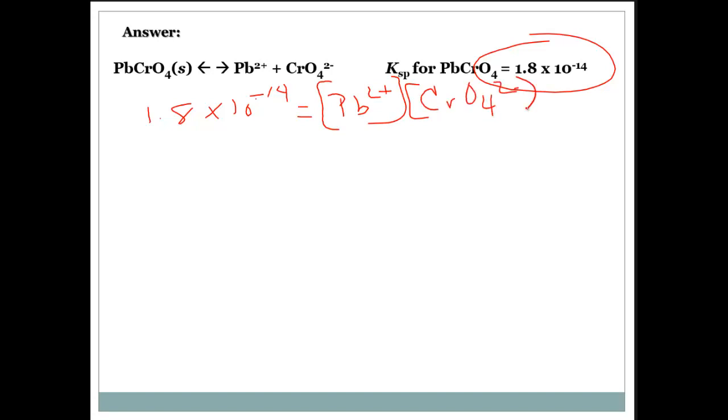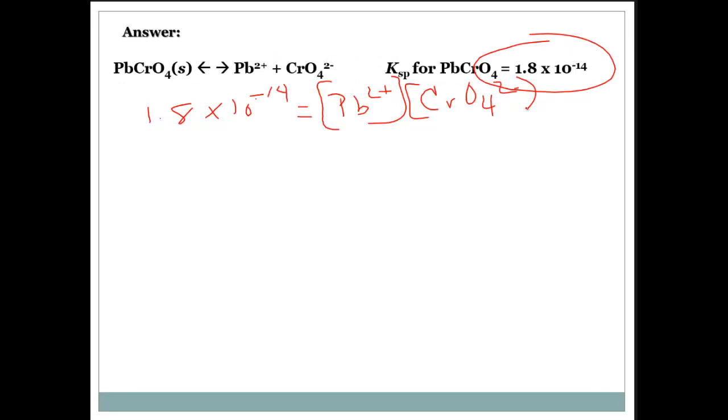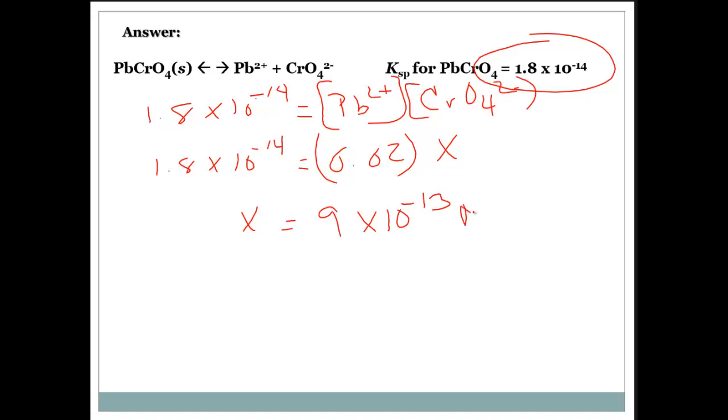According to our question, we have 0.02 molar of the lead. Therefore, we are going to need 9 times 10 to the negative 13 molar of the chromate to form with the lead.